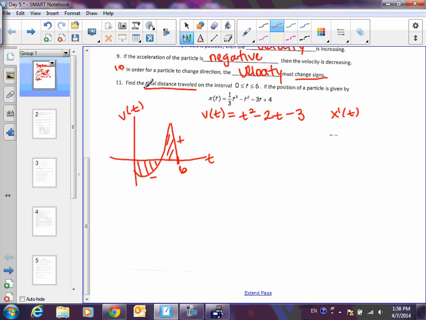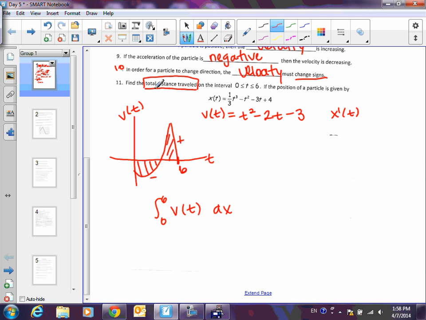But when you see total distance traveled, that's not what they're asking. They're not asking what is the net displacement. If you want to use the word displacement, here it would be, how far are you from where you started? That's what you would get if you just integrated velocity from 0 to 6. You would get how far this particle is from where it started, okay?